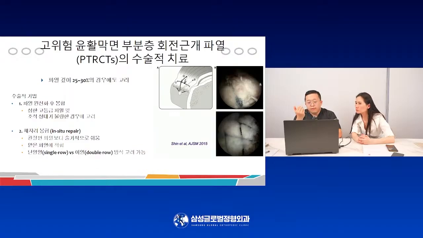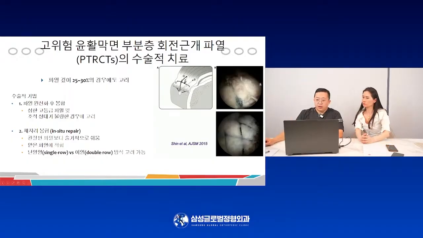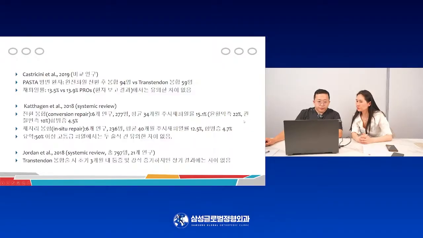Many doctors worry that the state is not just because of trauma, but because of a lot of degeneration or inflammation. So we have to fix that. We don't expect good results otherwise, so we decide to fix that, okay, in the same way.